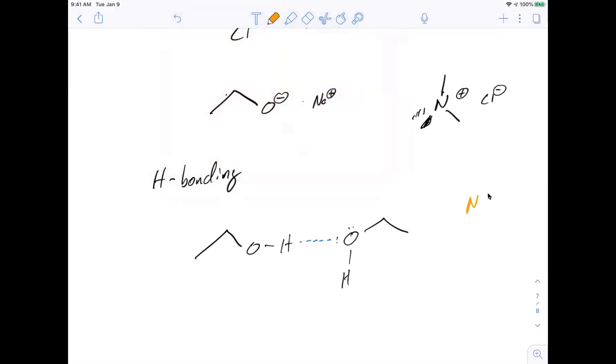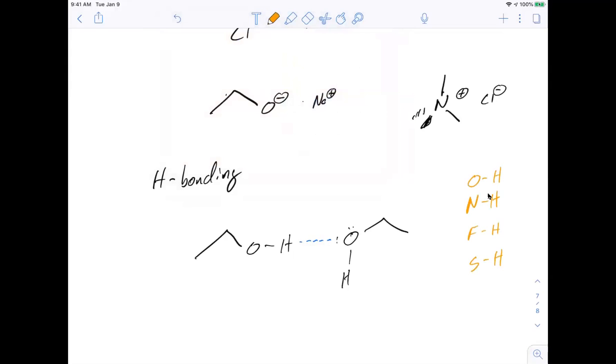It has to be something that will hydrogen bond, and there aren't that many things that will hydrogen bond. The ones you'll see are oxygen, nitrogen.